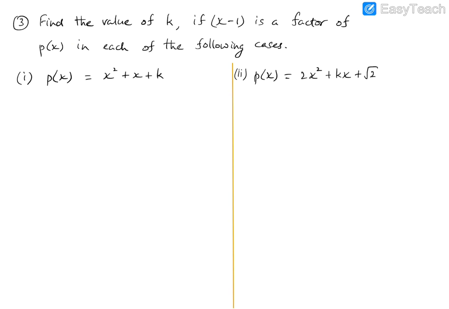So in each of these cases, all we have to do is we are given that x minus 1 is a factor, so we'll first find the 0 of x minus 1: equate x minus 1 to 0 and solve for x, so that gives us x equal to 1. Okay, so x equal to 1 is the 0.